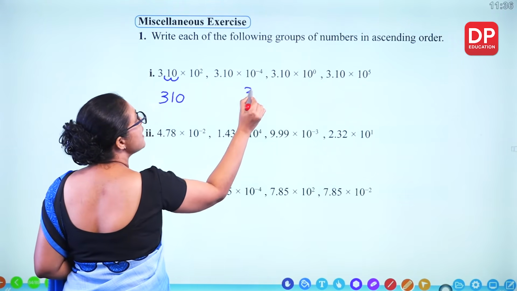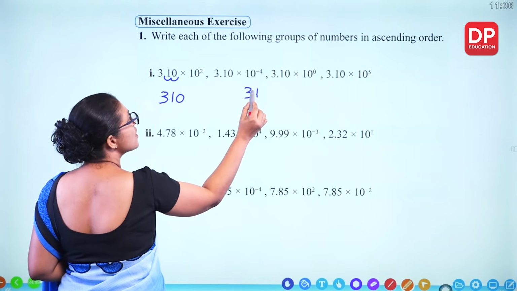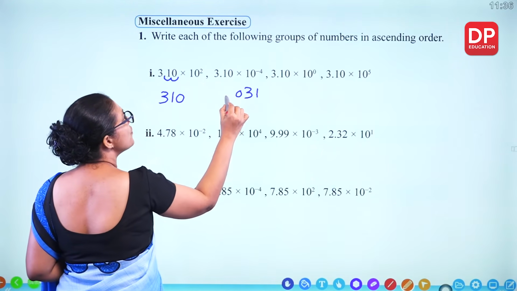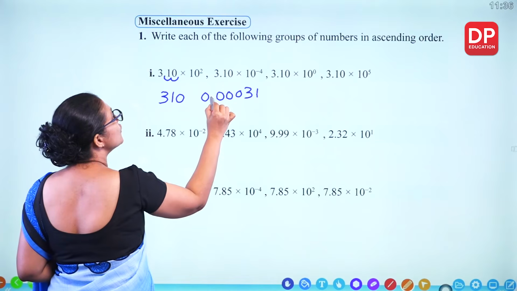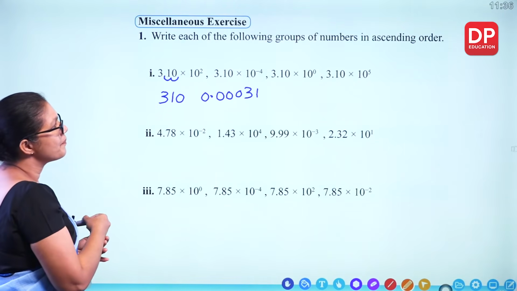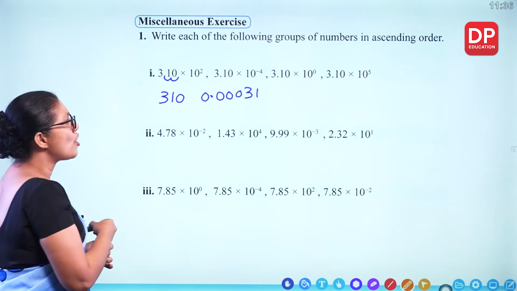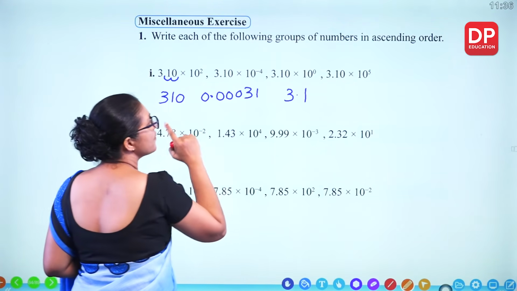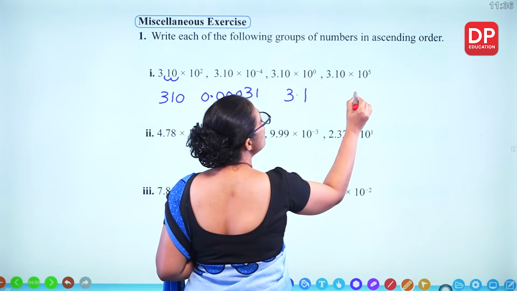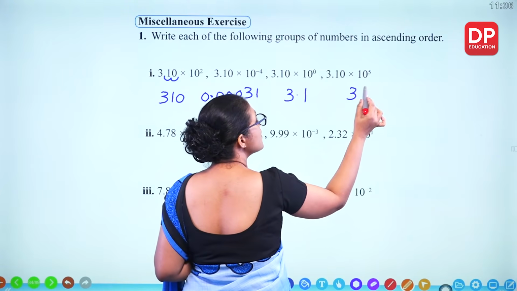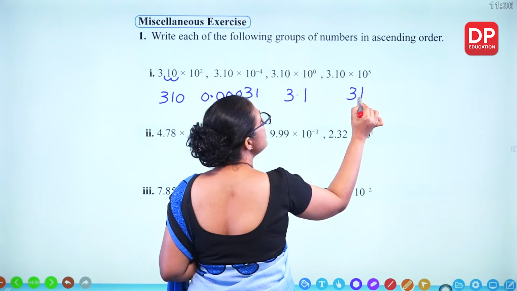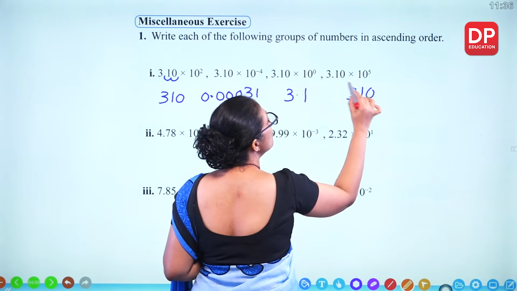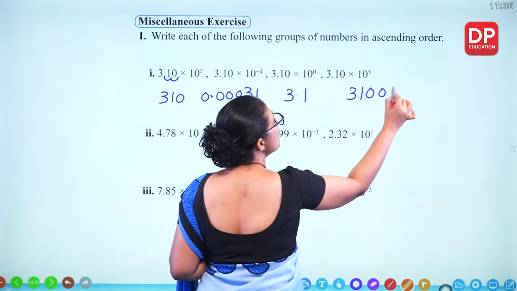Move 4 places to the left. 1, 2, 3, 4. So you get this number. 10 to the power 0 means you are not moving the decimal place. So the answer is 3.1. And this means you are moving the decimal place 5 places to the right. 1, 2, 3, 4, 5.